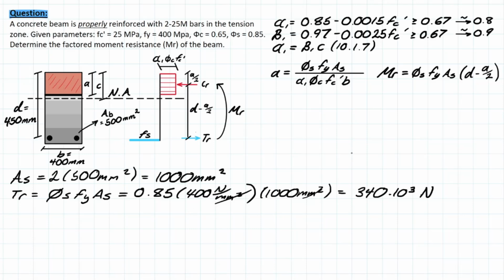Now we can go ahead and start solving for this a value. We have a equal to this whole section on top. So we have 340 times 10 to the 3 newtons on top. And on the bottom of our equation, we have alpha 1, phi c, fc prime, and b. The one we don't have is alpha 1, and I'll quickly solve for it here.